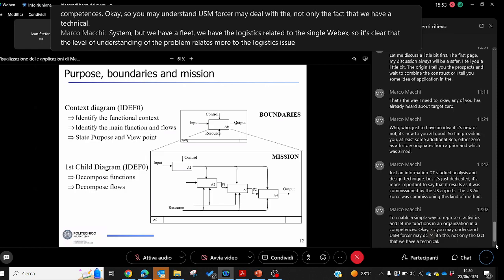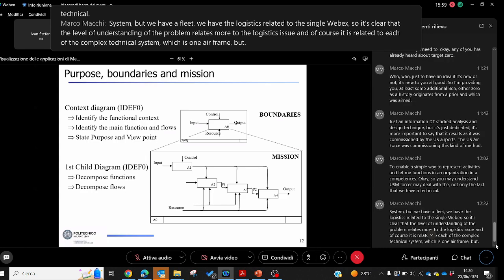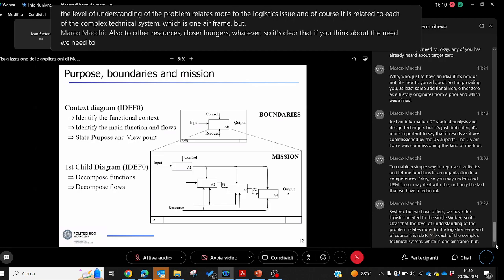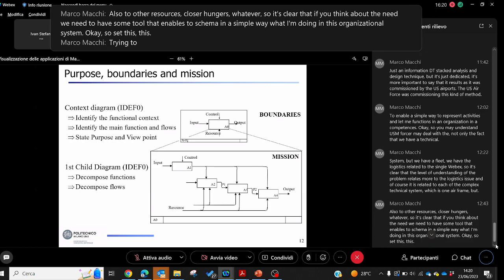And of course, it is related to each of the complex technical systems, which is one airplane, but it relates also to other resources, crews, hangars, whatever. So it's clear that we need some tool that enables us to schematize in a simple way what I'm doing in this organizational system.